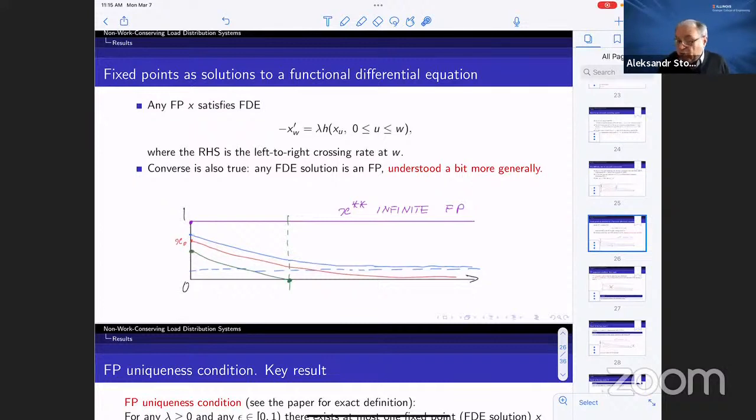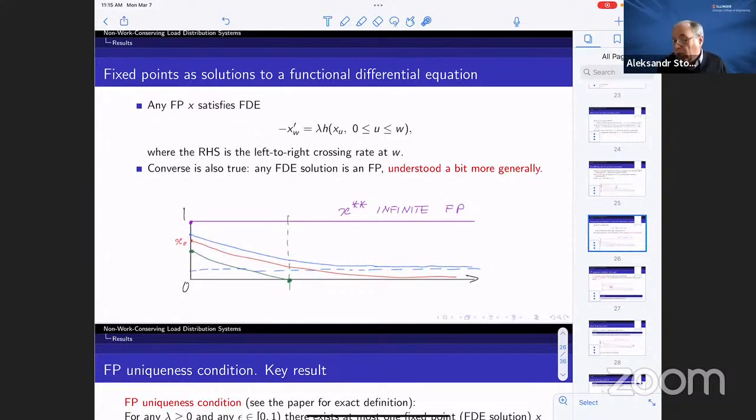You may have another situation, when you solve this equation and the solution hits the x-axis. In this case, what you get is, in fact, a fixed point of the truncated system. It may also happen that if you start at some point, you get a solution which converges to some positive epsilon, not to zero.